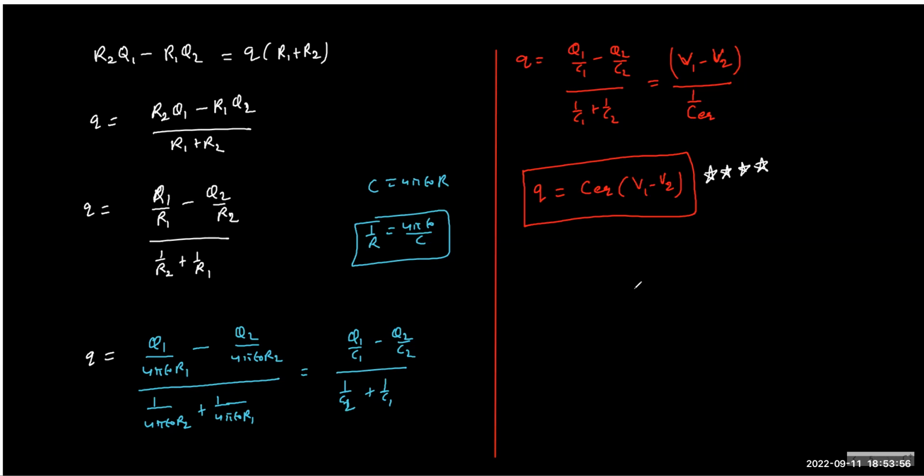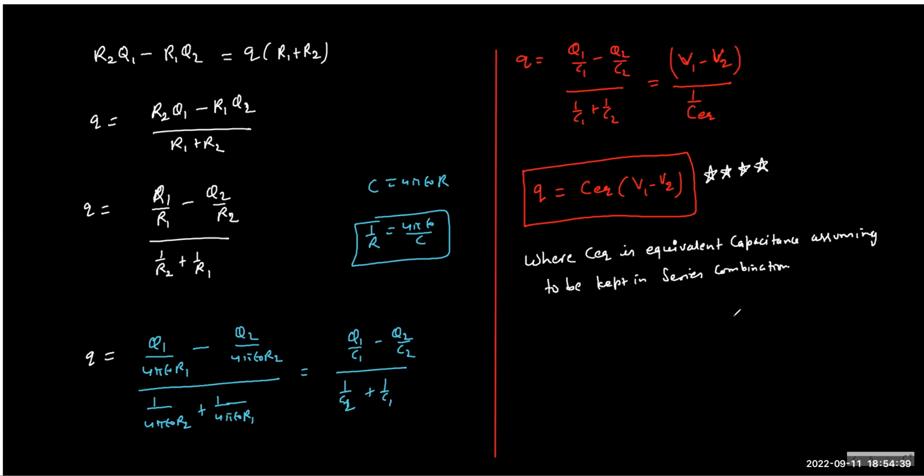It is very simple. It is a C equivalent, assuming it is in series, where C equivalent is the equivalent capacitance, assuming the two are kept in series combination.